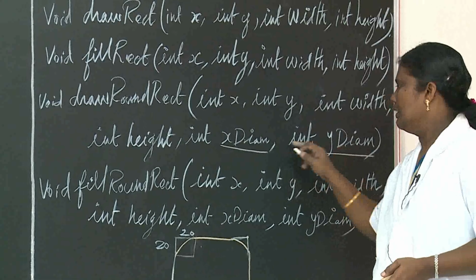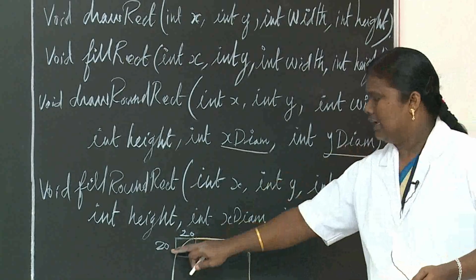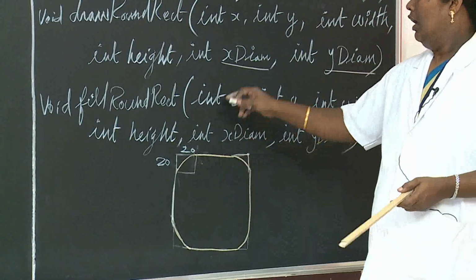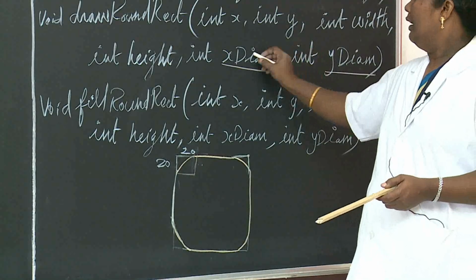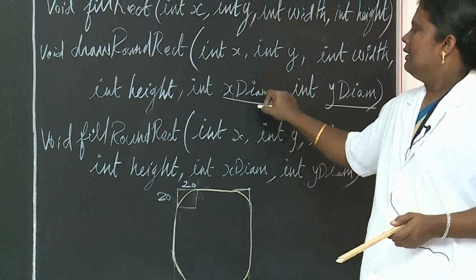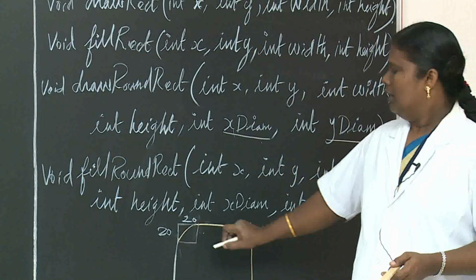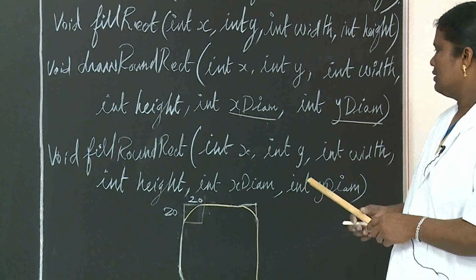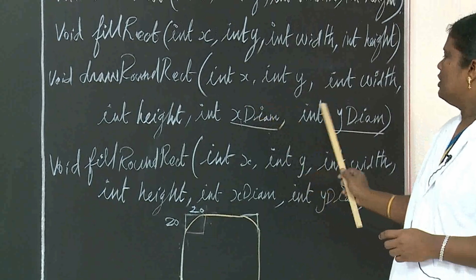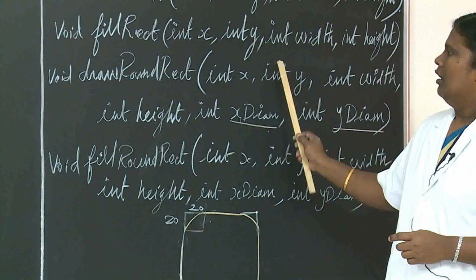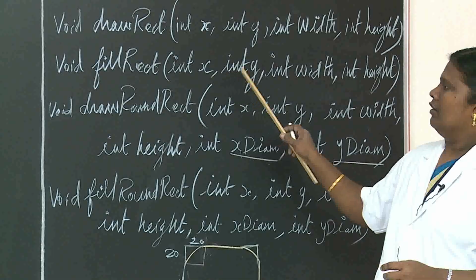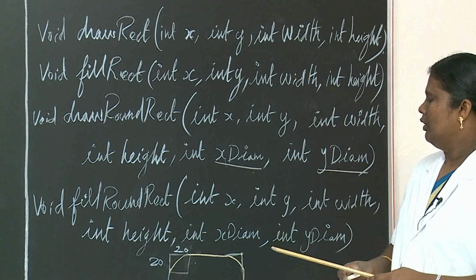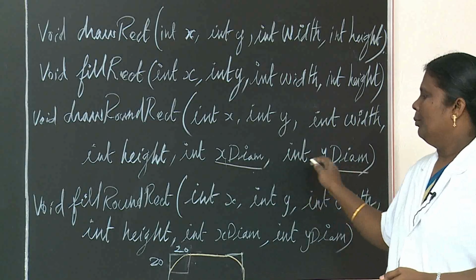For example, 20, 20. This dimension decides the diameter of the rounding of this particular rectangle. That's why it is added as additional parameters within the existing function, just like fill rectangle or draw rectangle. Likewise, we need to add the two more parameters.